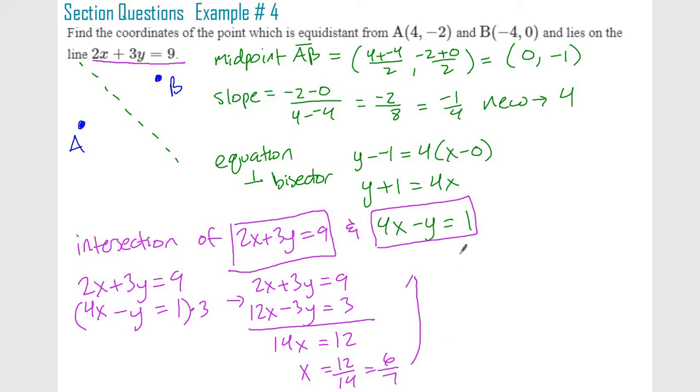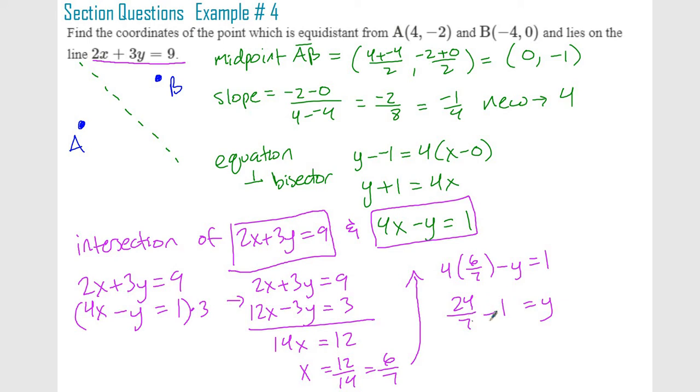And we can just plug that back in. 4 times 6 over 7 minus y equals 1. So we get 24 over 7. I'm going to move the 1 over and then move the y. Seems easier. Right, I just switched places. Subtracted the 1, added the y.